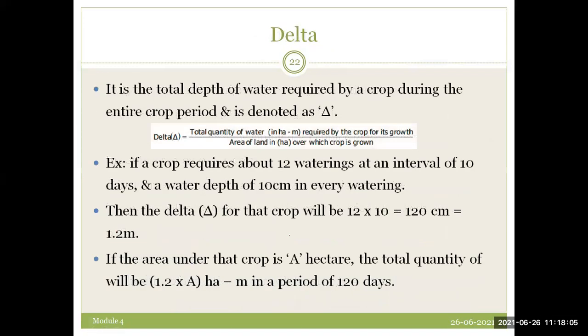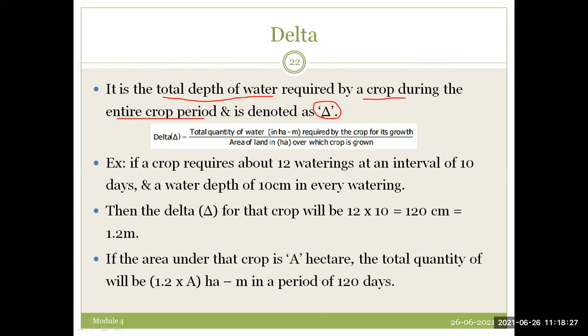Next we'll discuss what is delta. Delta is the total depth of water required by a crop during the entire crop period. Duty represents the area irrigated by supplying 1 cumec of water.